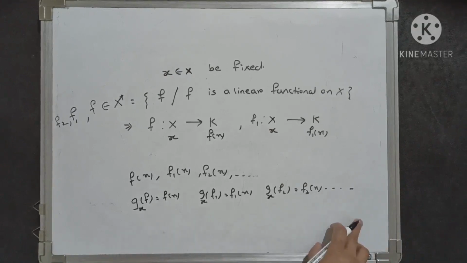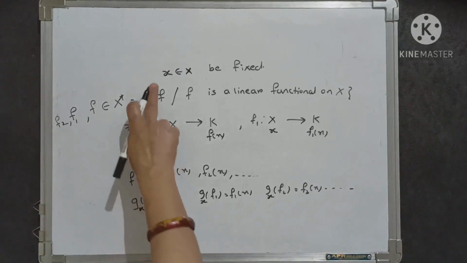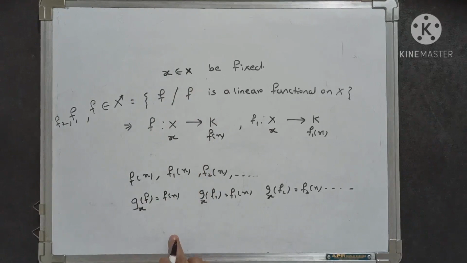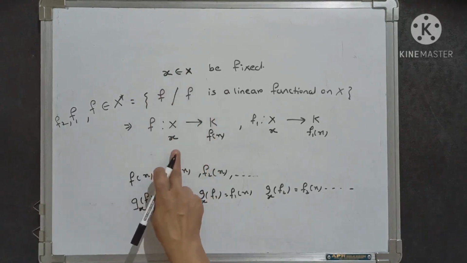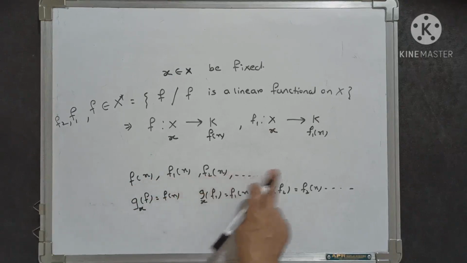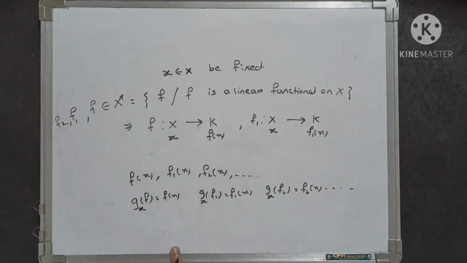Now here we observe that we start with the fixed element small x, which is an element of capital X. Corresponding to this element we take the images f of x, f1 of x, f2 of x and so on, where each fi is an element of x star.